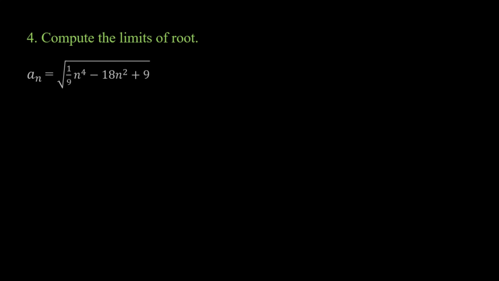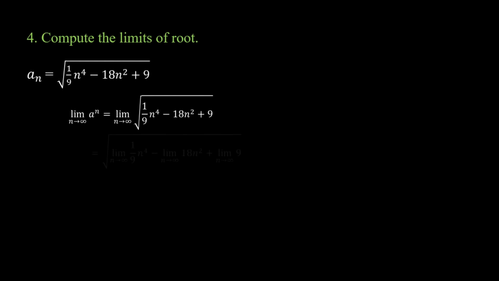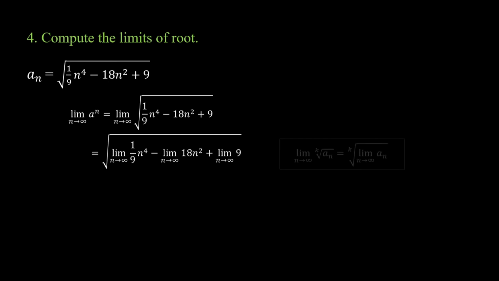Now, the last special case, compute the limits of root. So given a of n equals the square root of 1/9 times n to the 4 minus 18 times n squared plus 9. So put the limit sign for all of them, and then you know that if the square root is in the equation, you can put the square root in front of the limit of all of them, and just solve the inside first.